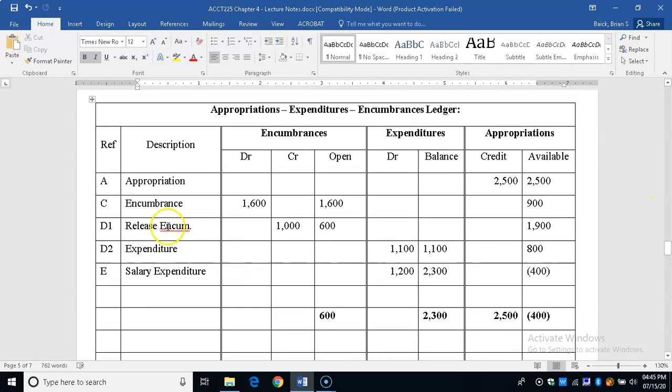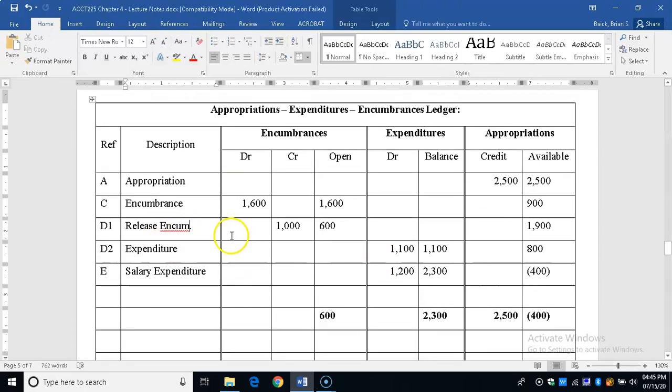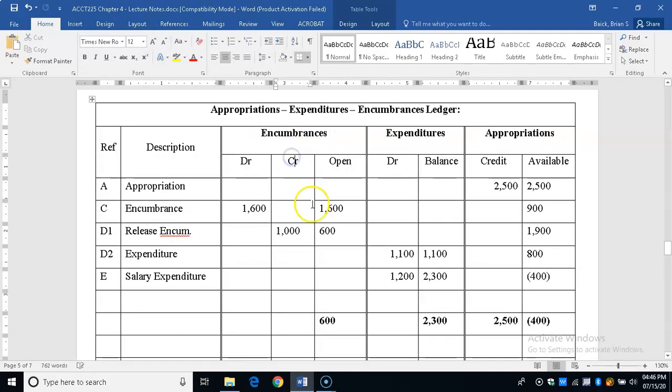We release the encumbrance. So if you look at the problem again, you credit encumbrance for 1,000. So if you release $1,000, how much is still locked up? How much is still set aside? Only 600, because 1,600 minus 1,000 is 600.